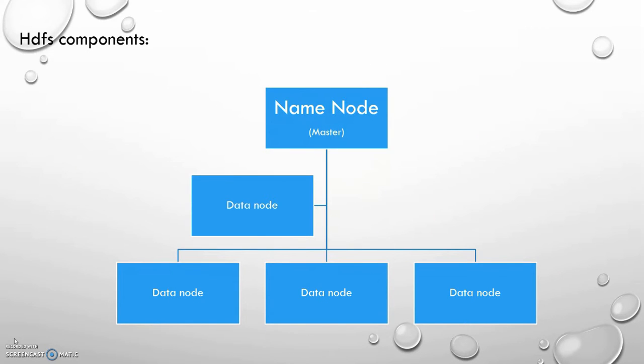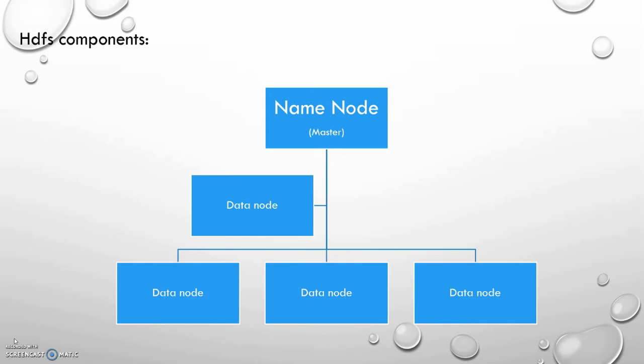HDFS can be divided into two major parts. The first is the name node and the second is the data node. The name node is called the master node. It is also called the brain of HDFS, which stores the information about where the data nodes are present.